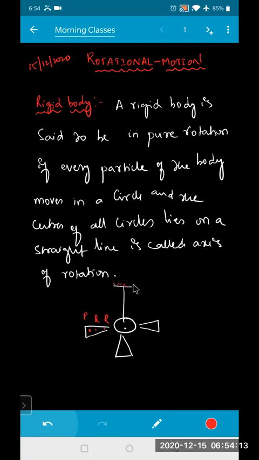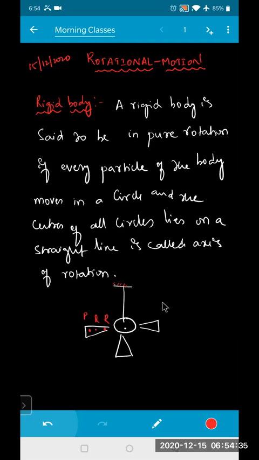Is it audible, beta? Yes, sir. A rigid body is said to be in pure rotation if every particle of the body moves in a circle. Like if I take one particle of this blade of the fan at a distance, at a point P, then another is at Q, another is at R. Is the distance of this point P from this axis always constant, beta? Yes, sir.